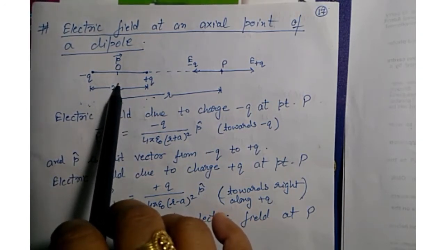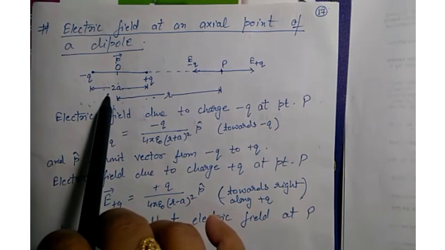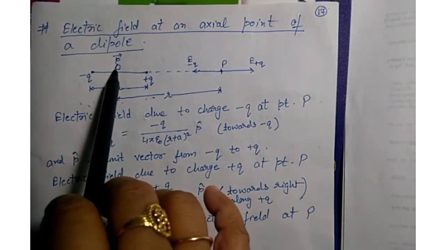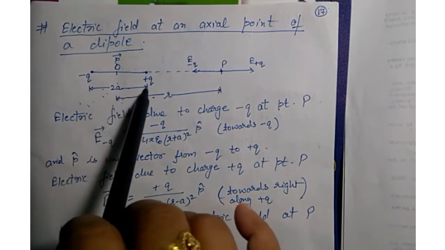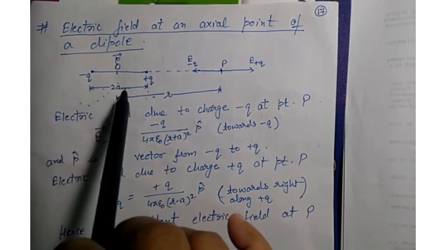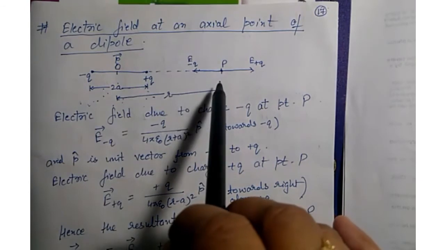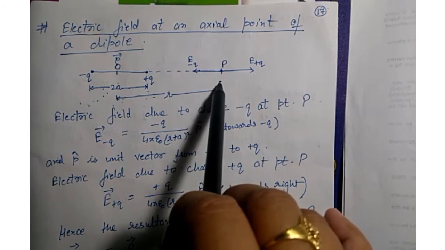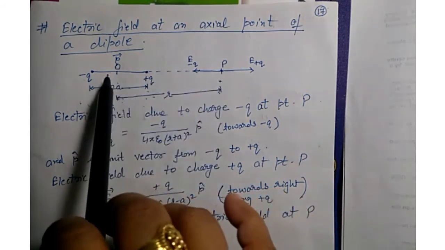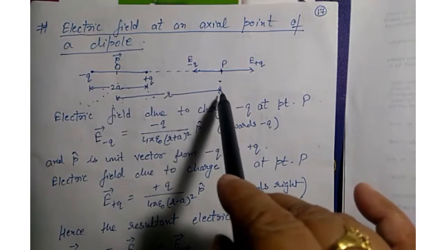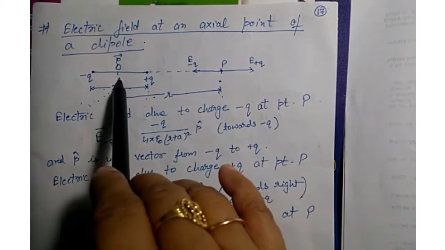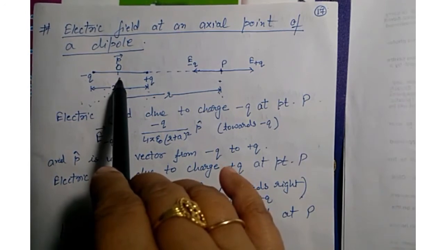O is the center point of this dipole and p vector is the dipole moment for this given dipole. Let us consider a point P where we need to find out the electric field due to this dipole. This point P is at distance r from the center of the dipole.